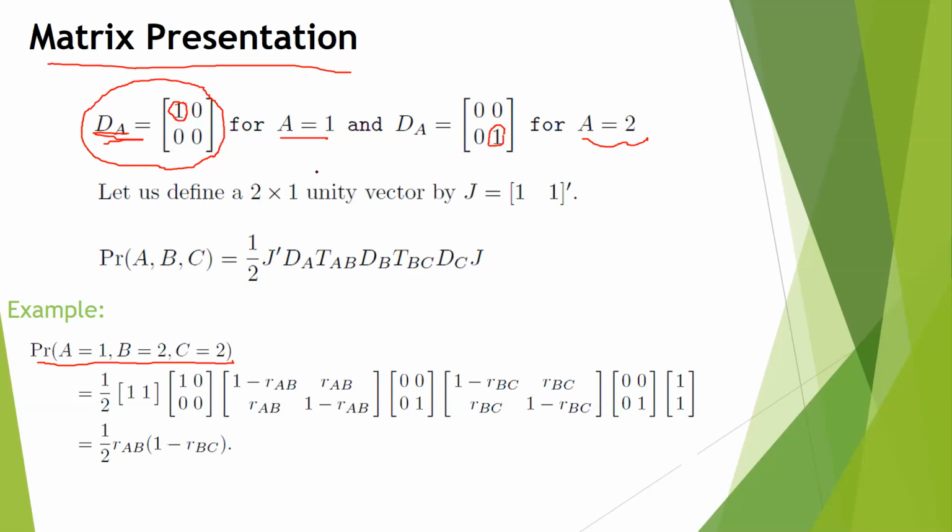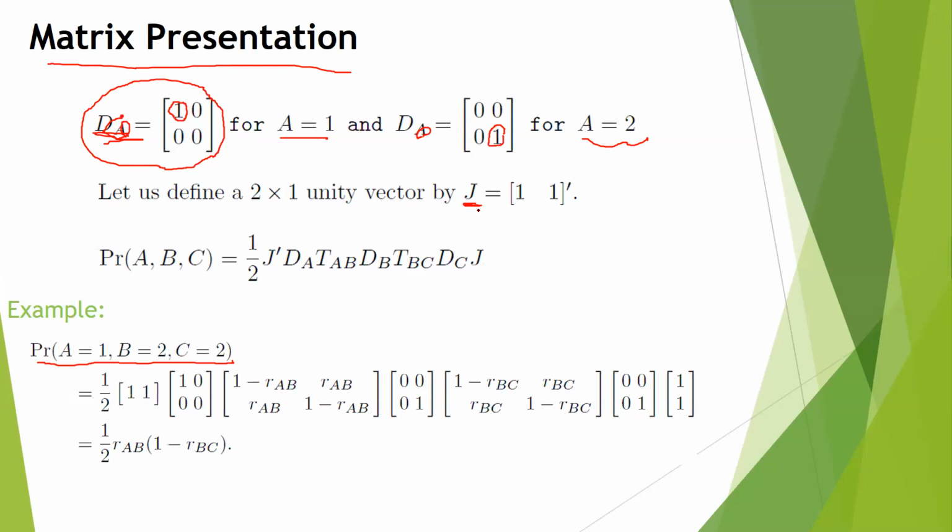If we want to represent the genotype for locus B and C, we use the same way, right? We just change the letters here. And to facilitate this matrix algebra calculation, we use another useful thing.